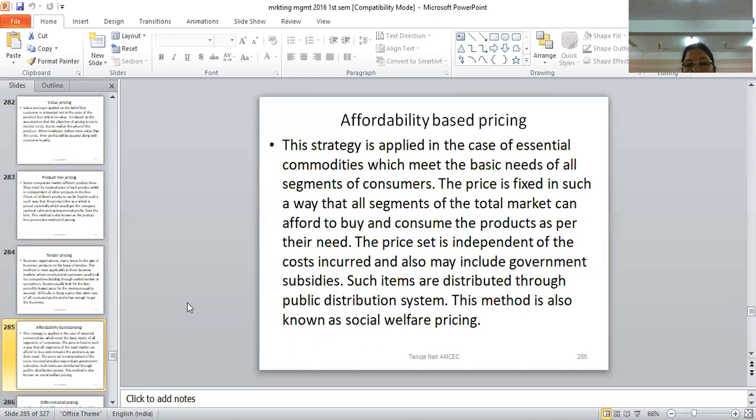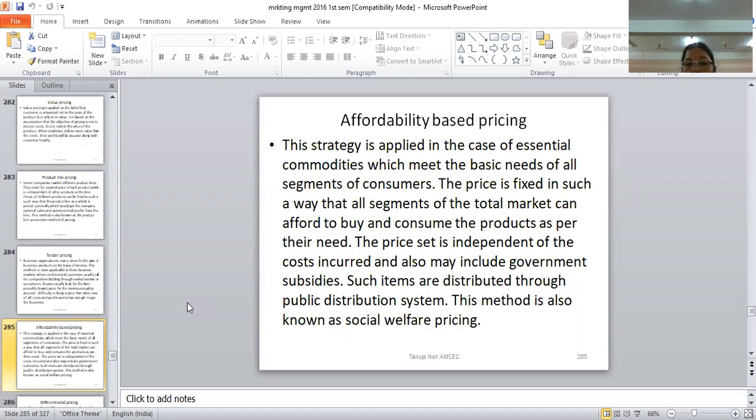So to make sure that all groups of customers are able to purchase such essential products, the price is fixed, usually by the government. They highly subsidize it so that all groups of customers can purchase it.